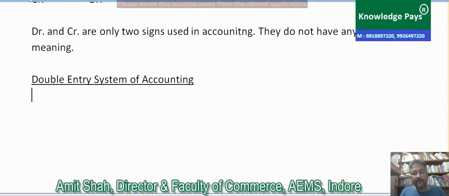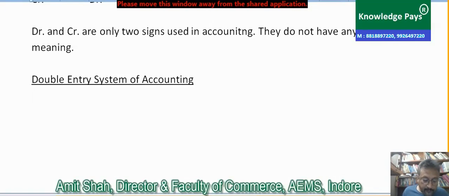So double entry system of accounting is a method, or a system, or a process of accounting, and this is based on an accounting concept that is called dual aspect concept of accounting.